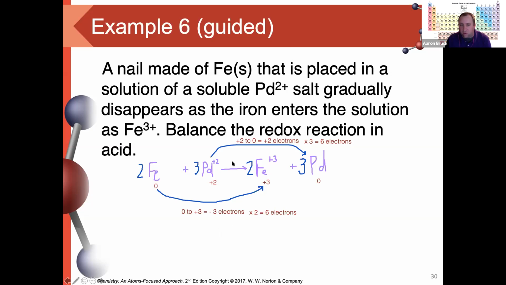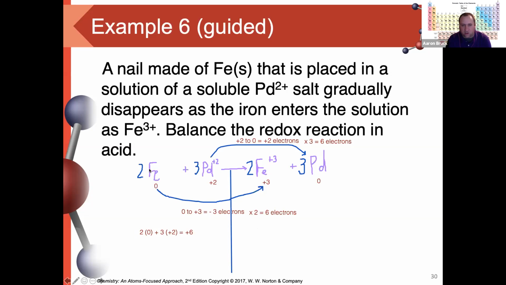To determine total charge, we do something very similar to what we did when we first started balancing equations. We split this in half. The total charge on iron is 0. The total charge on palladium is +2. 0 plus +6 is +6.